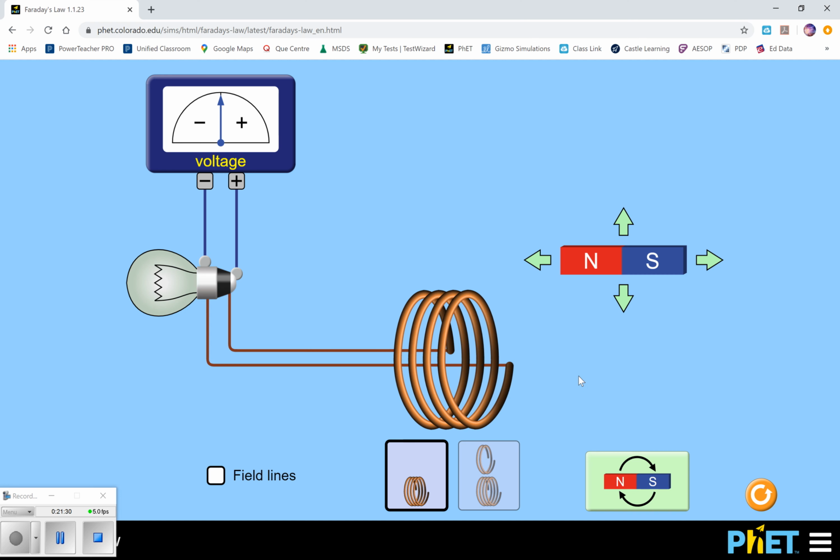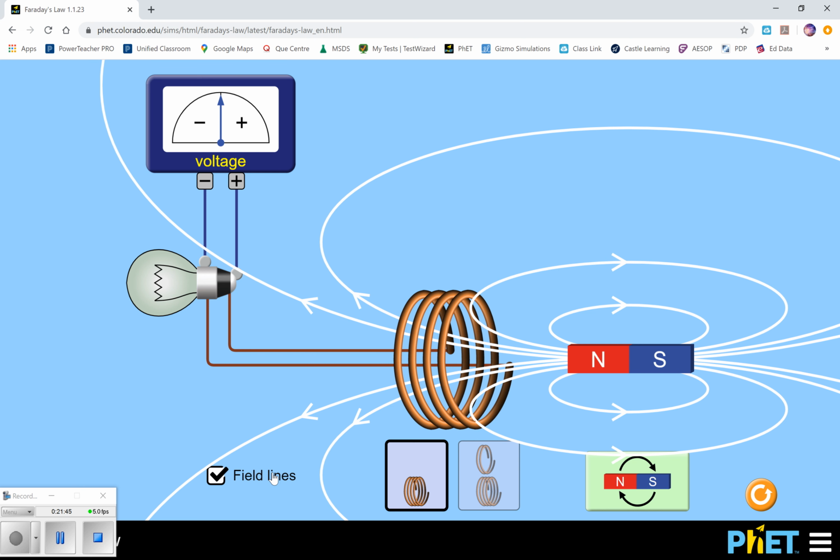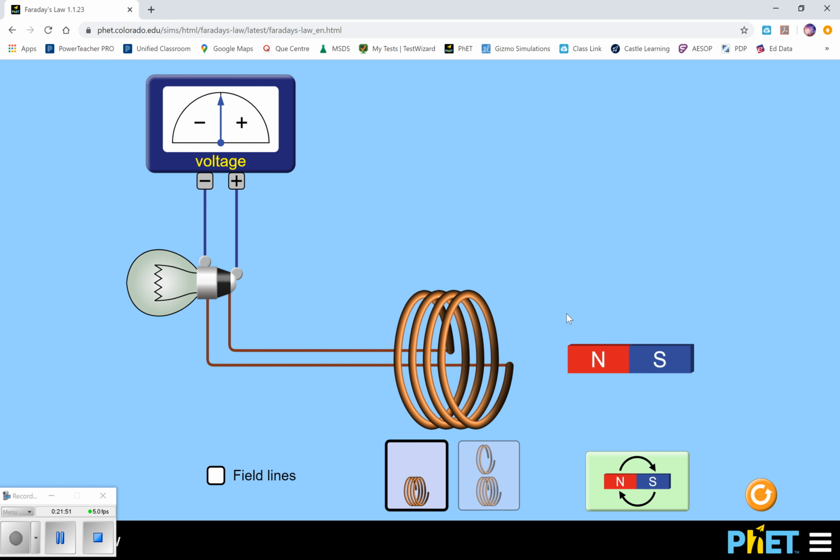Now, to give you an idea here, this is a simple coil of wire in which we have a voltmeter connected to either end here. And by moving this magnet, cutting across the field lines of this magnet, which we can see coming out this way, so we can cut across these perpendicularly, we can create a voltage on either end of this coil of wire and cause a current to flow through it to power this light.